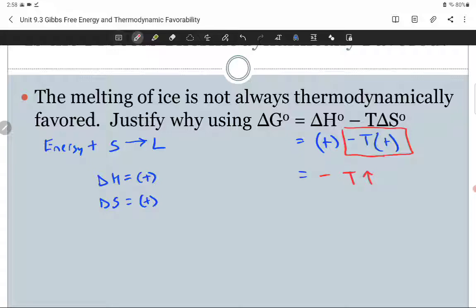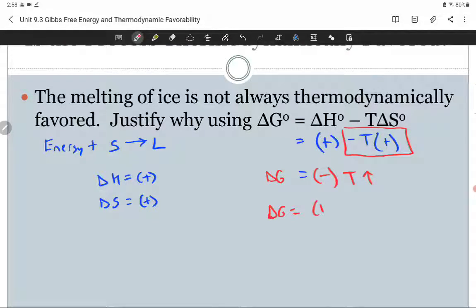Now, these are arbitrary words, high and low. They're going to be connected to different numbers depending on what the circumstances are. And we'll talk about that with a few of these, including this one. So delta G is negative if the temperature is high.